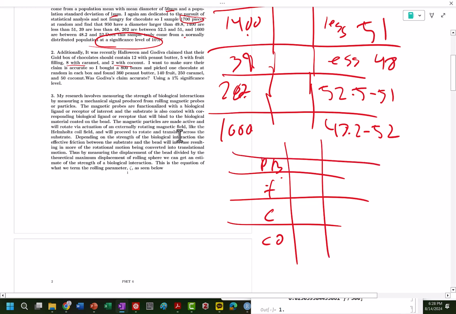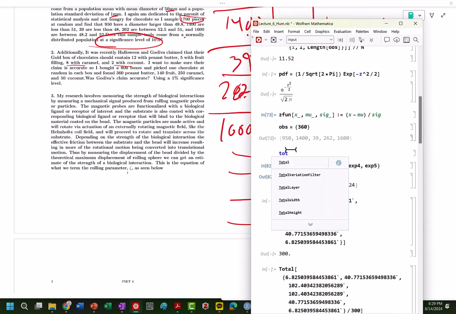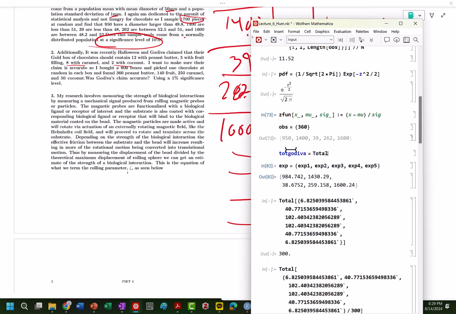So we're going to have an expected versus our observed. So let's look at our observed. Our observed was 360, 140, 250, and 50. And our expected should just be basically claim. So our total Godiva is going to be equal to a total of 12, 5, 8, 2.